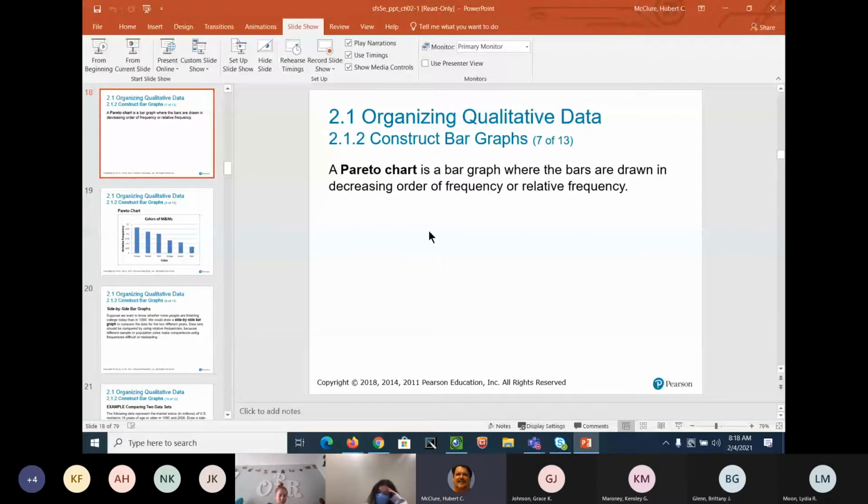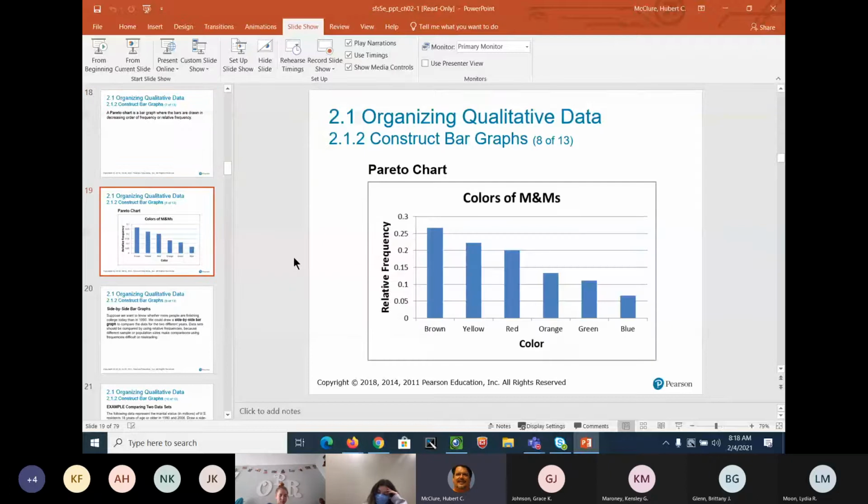Now, I'm not going to test you on a Pareto chart, but a standardized test will. They will ask you which one is a Pareto chart, and you're looking for one that starts up high and ends up low, if you put these in order by their quantity. That's what a Pareto chart is.